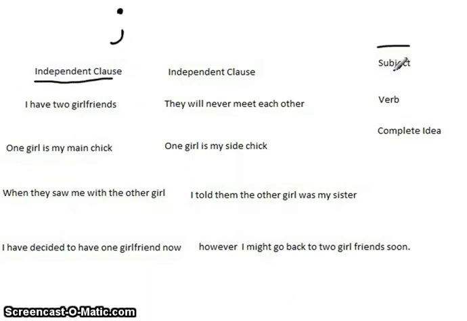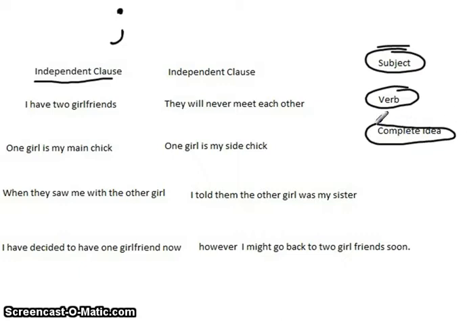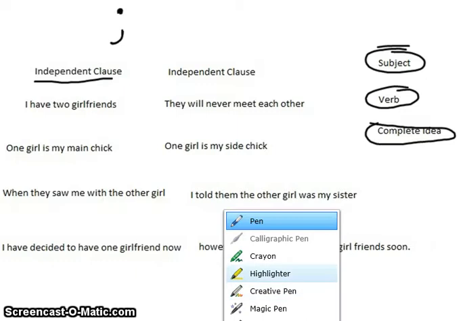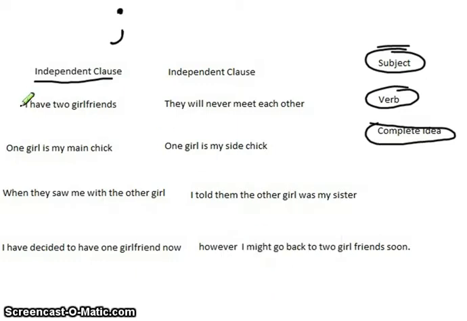Now, an independent clause has three things. The first is a subject, the second is a verb, and the third is that it gives a complete idea. So let's look over here at our first example. I have two girlfriends.